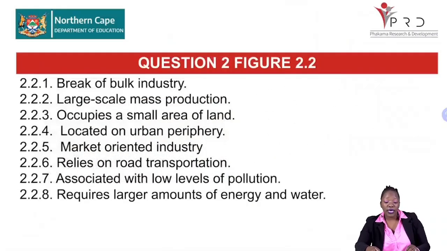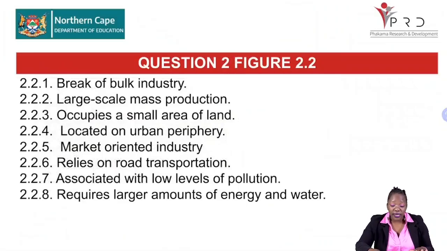So let us look at the question. So number 1, it says the break of bulk industry. Then secondly, we're looking at the large-scale mass production. And number 3, we're looking at occupies a small area of land. And number 4, located on urban periphery, which is the land.